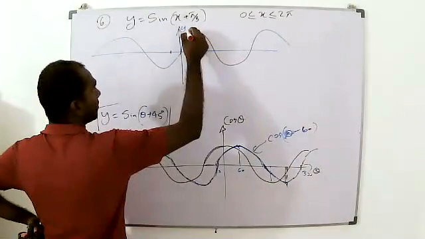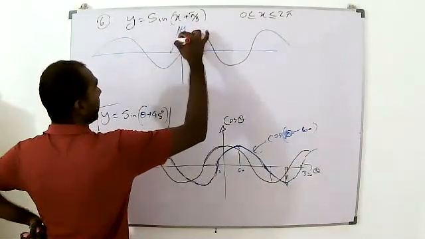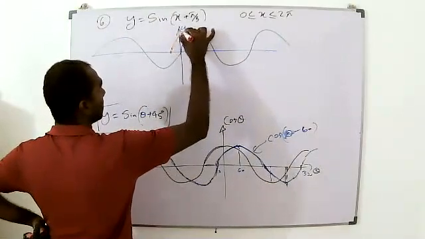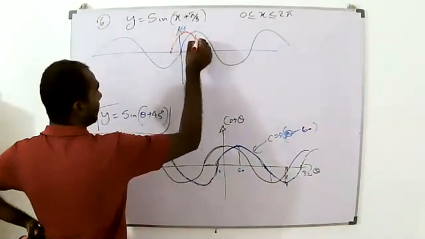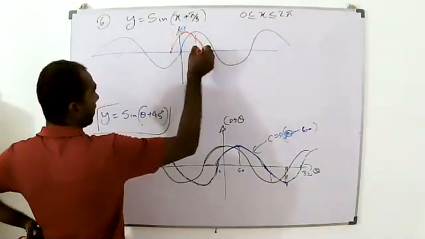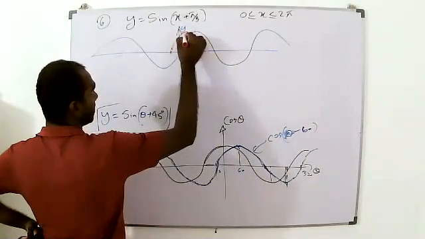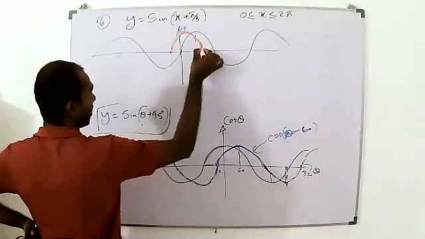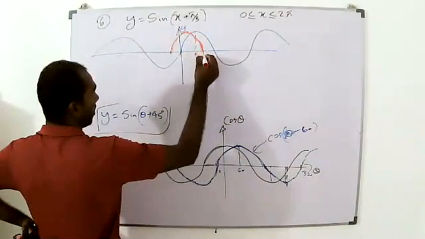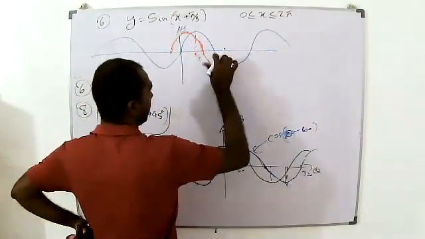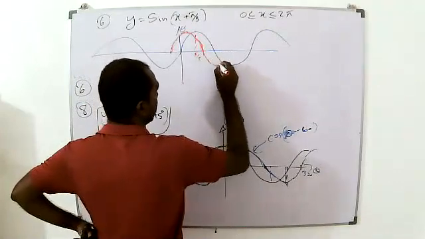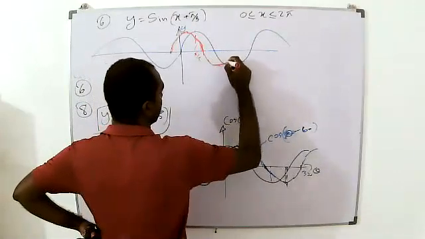So the maximum value will be at 30 degrees. And it's going to be 0 at 120 degrees. All these points are shifted 60 degrees backward.